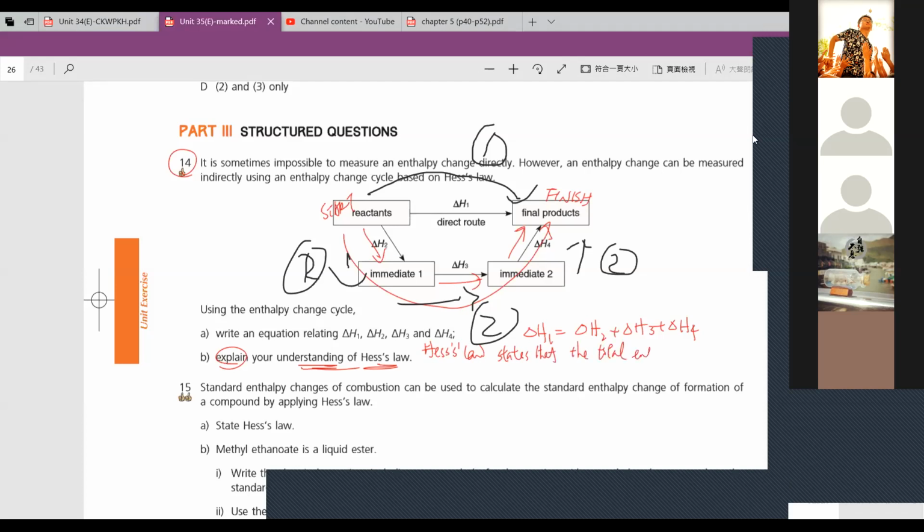Yes, the total enthalpy change of a reaction is independent of the route taken, right? Yes, that's right.